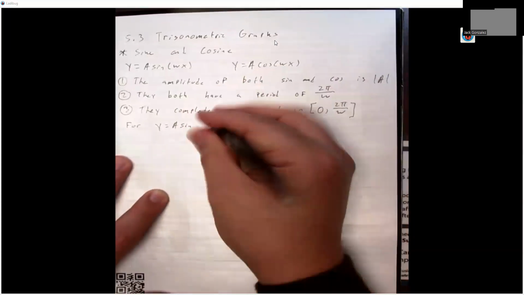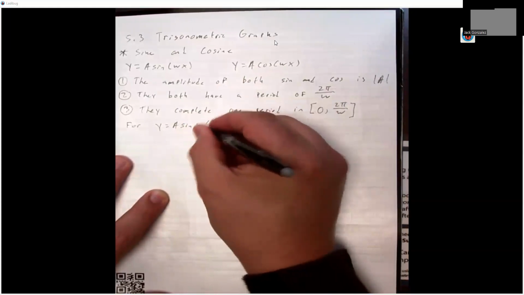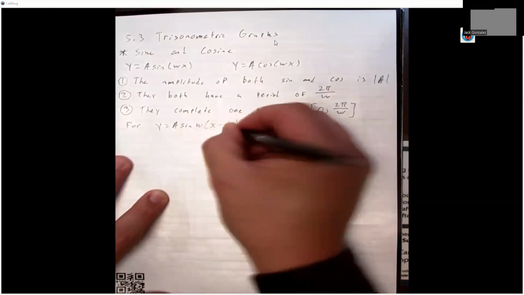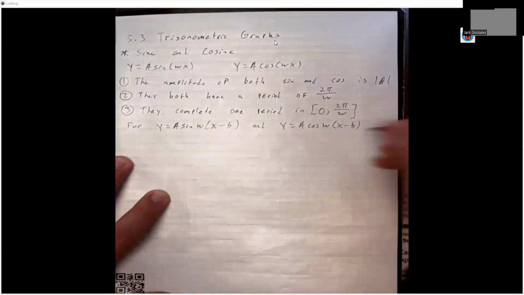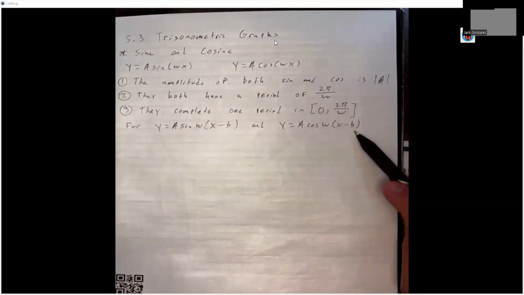Omega parentheses x minus B. And y is equal to A cosine of omega times x minus B. So it's almost the same. Omega is still the period. A is still the amplitude. This B is now going to be the horizontal shift.